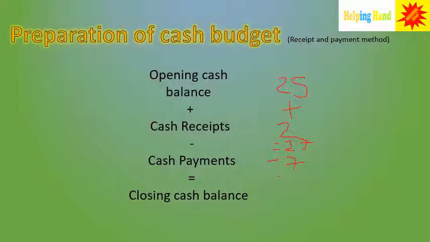So the cash that we shall be having at the end of the month of April will be determined this way. We'll be having just 20,000 left with us, right?